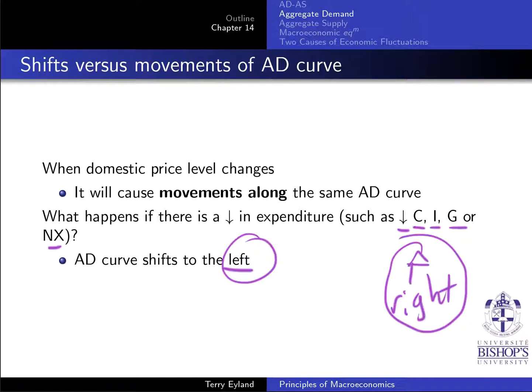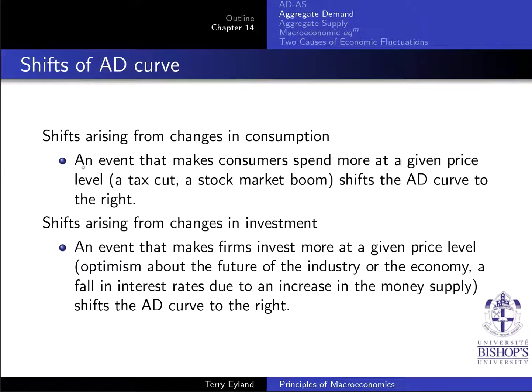So here are a few examples, but any example would work. Shifts arising from changes in consumption: an event that makes consumers spend more at a given price level, a tax cut, or a stock market boom. A stock market boom does not change anything in aggregate demand other than making people feel relatively wealthier than before.